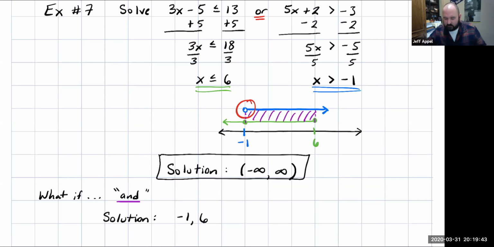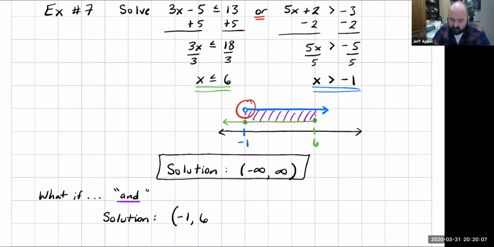Okay, now the question is, would we put not open or closed circles, would we put parentheses or brackets? So looking at the -1, remember with and, the number has to be there on both graphs. So at -1, yeah, it works on the green graph, but it doesn't work on the blue graph. So because it's not a part of both graphs, we have to put the parenthesis.